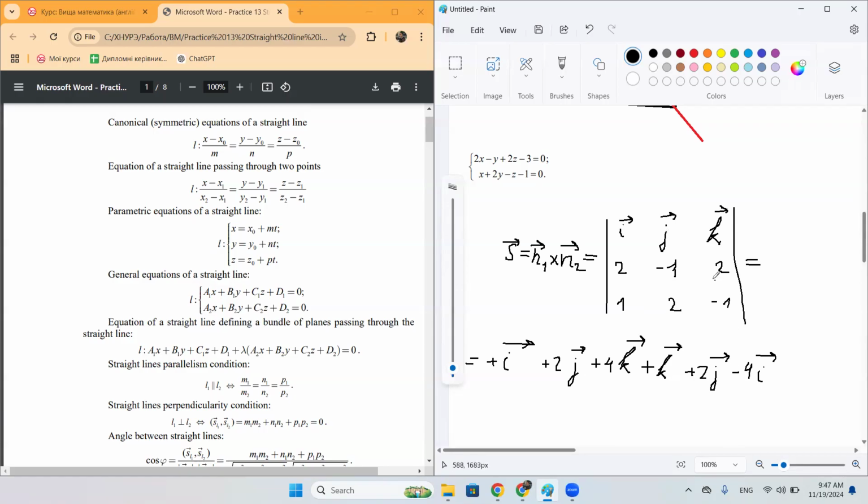Yeah, right. And minus 4i. Okay, now everything is correct. So what we have, we'll continue on the next line: minus 3i plus 4j plus 5k.